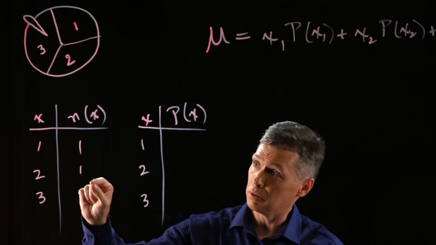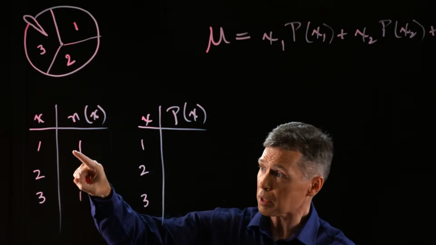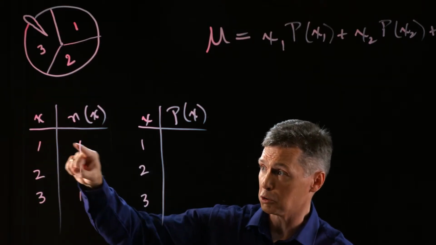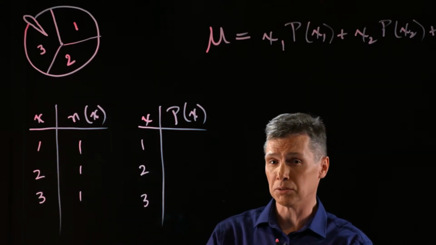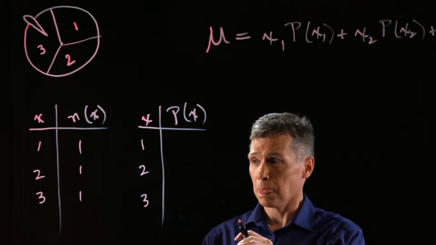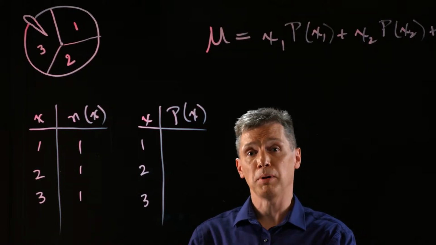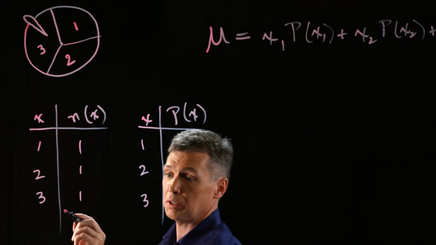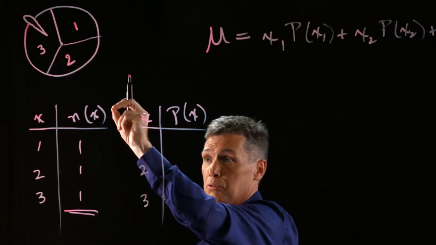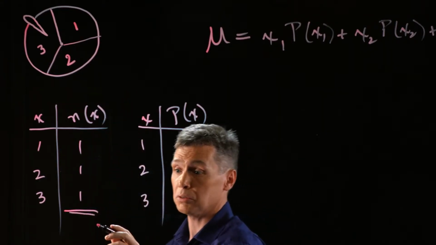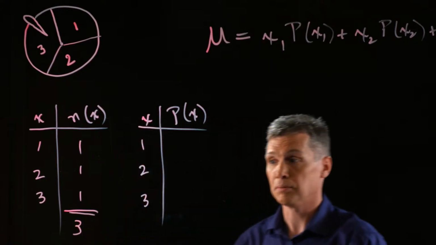So I go to the frequency distribution because these entries that correspond to those values of x are the numerators for your probabilities, and the denominator is the total number of possibilities, which you can always find by adding up those frequencies in the frequency distribution. So 1 plus 1 plus 1.